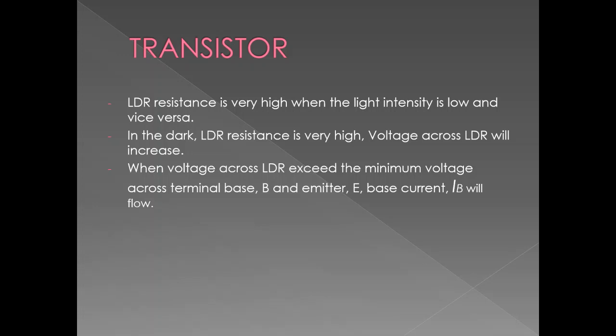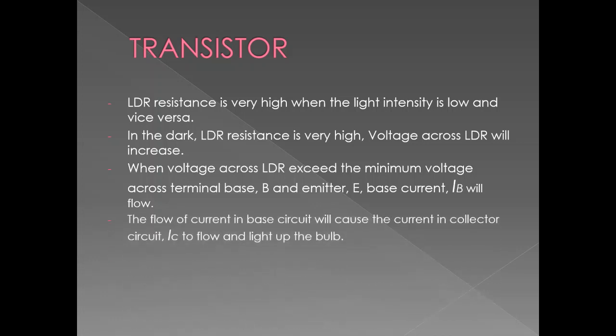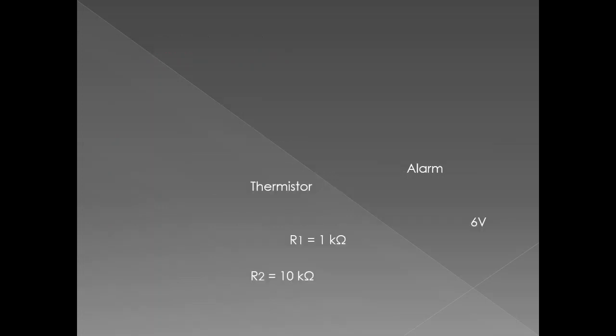When the voltage across the LDR exceeds the minimum voltage across base terminal B and emitter terminal E, the base current IB will flow. The flow of current in the base circuit will cause the current in the collector circuit IC to flow. Therefore, the bulb lights up. That's the concept. Take a look.